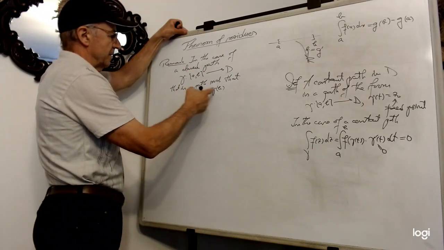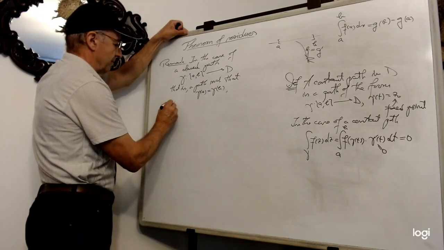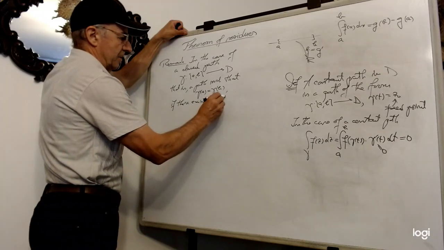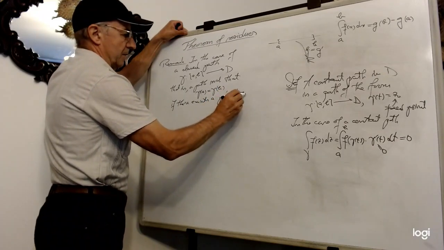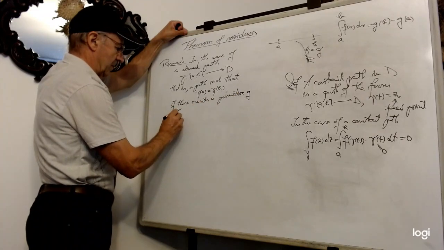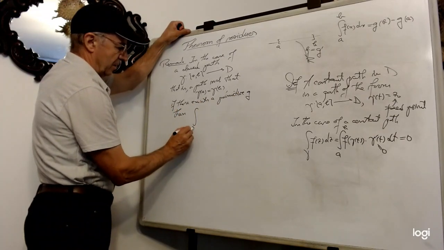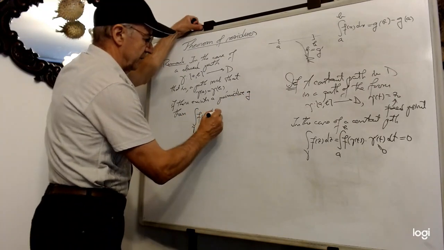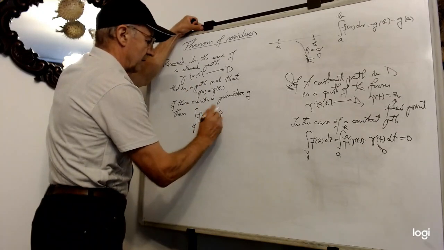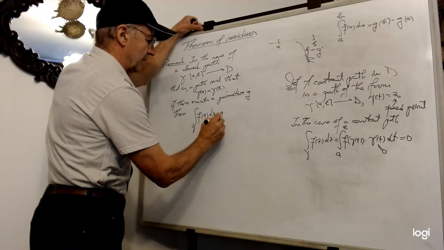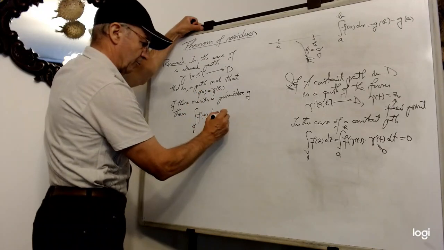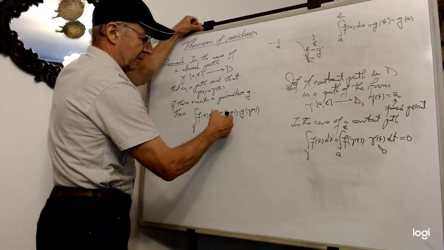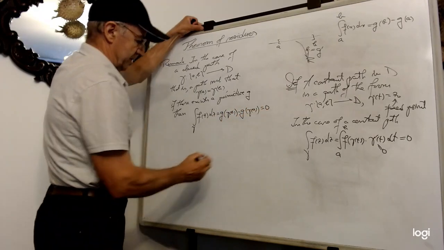In the case of such a path, if there exists a primitive g, then the integral along gamma of f of z dz is, in this case, the value of the primitive at the end point, g of gamma of b, minus g of gamma of a, but here we have the same point, so it is 0.